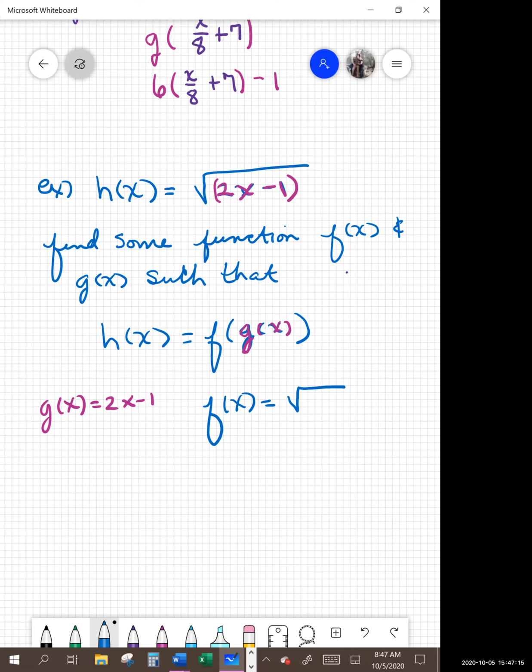And we want to put an x wherever we chose to be g of x. So I'm going to say the square root of x. So basically, if I go in and take this g of x and plug it in wherever I see an x here, that would give me my h of x.